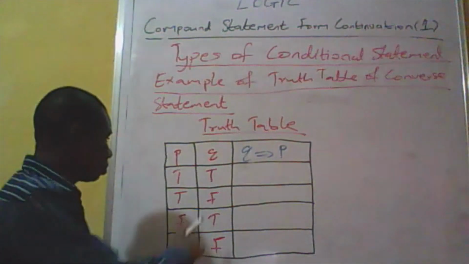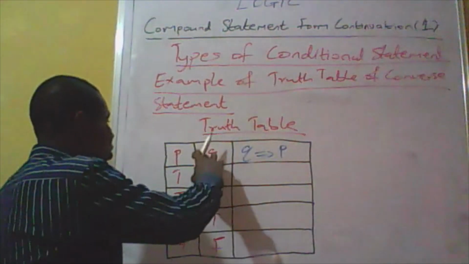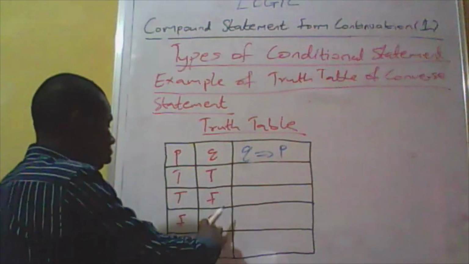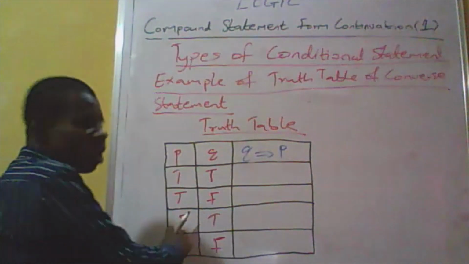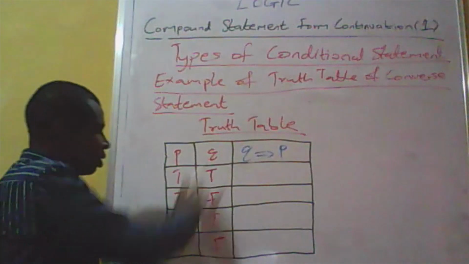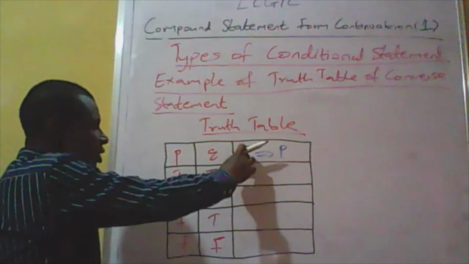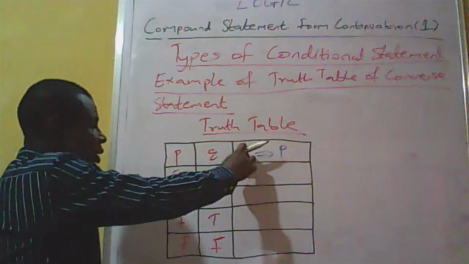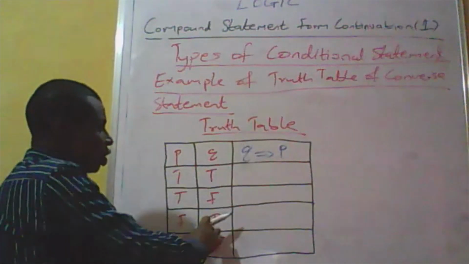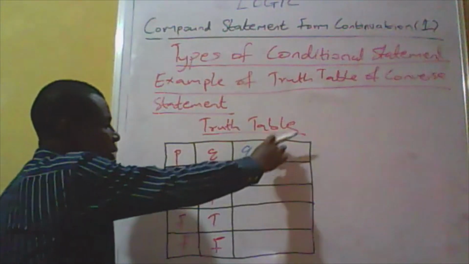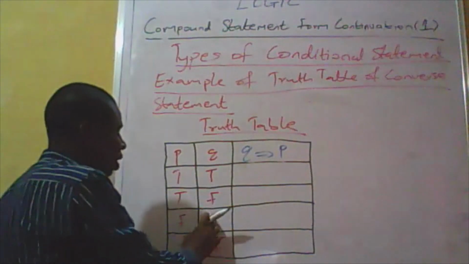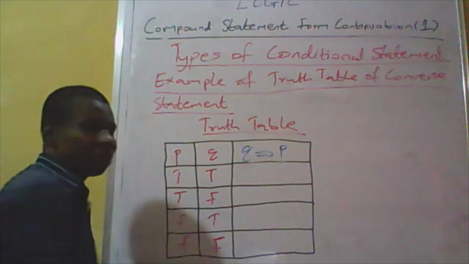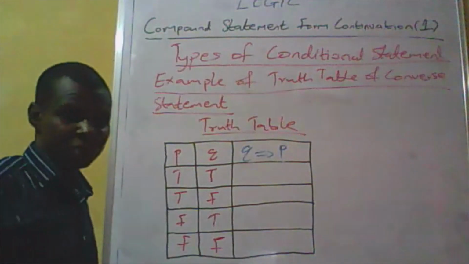Then here, I assign Q to T and assign P to F. That means T implies F will give us a false evaluation.